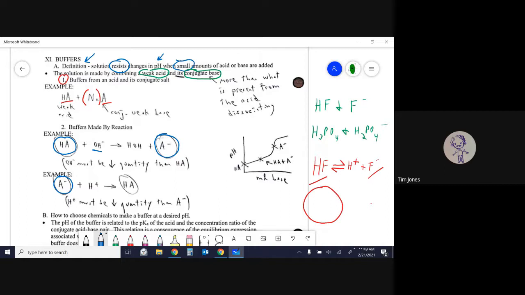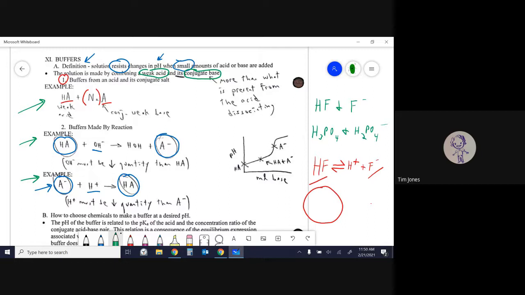If you wanted to start with A minus here, you could add some strong acid and you could make a significant amount of HA, and you'd be making the same buffer system either way. And you can do it any of these three ways. So 1, 2, and 3, you could make the exact same buffer any of those three ways. As long as you end up with a substantial amount of both weak acid and its conjugate weak base, then you have a buffer.